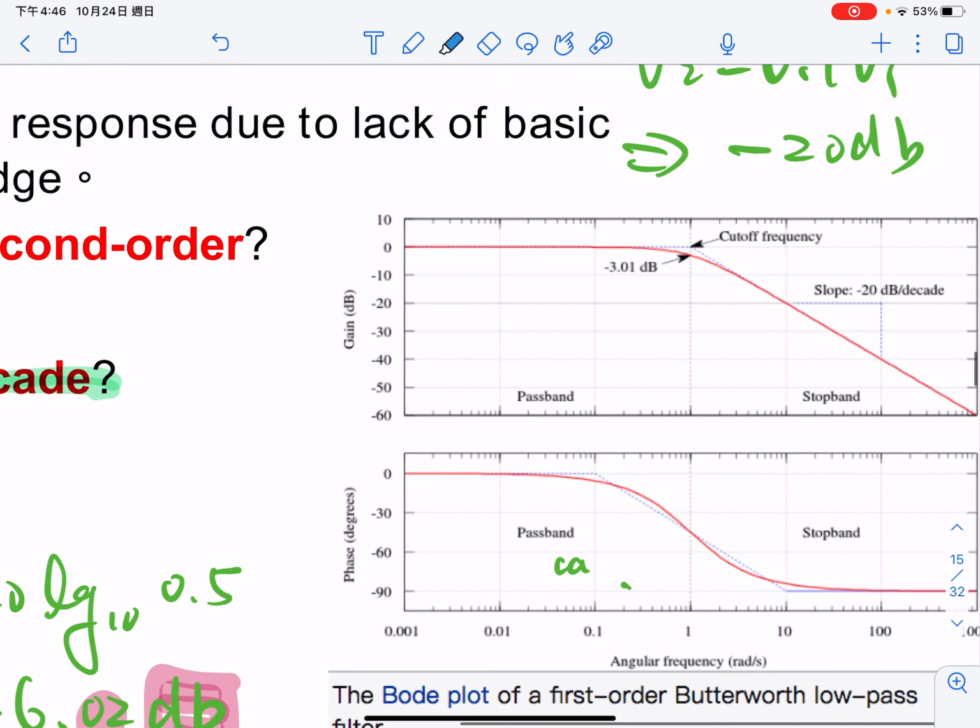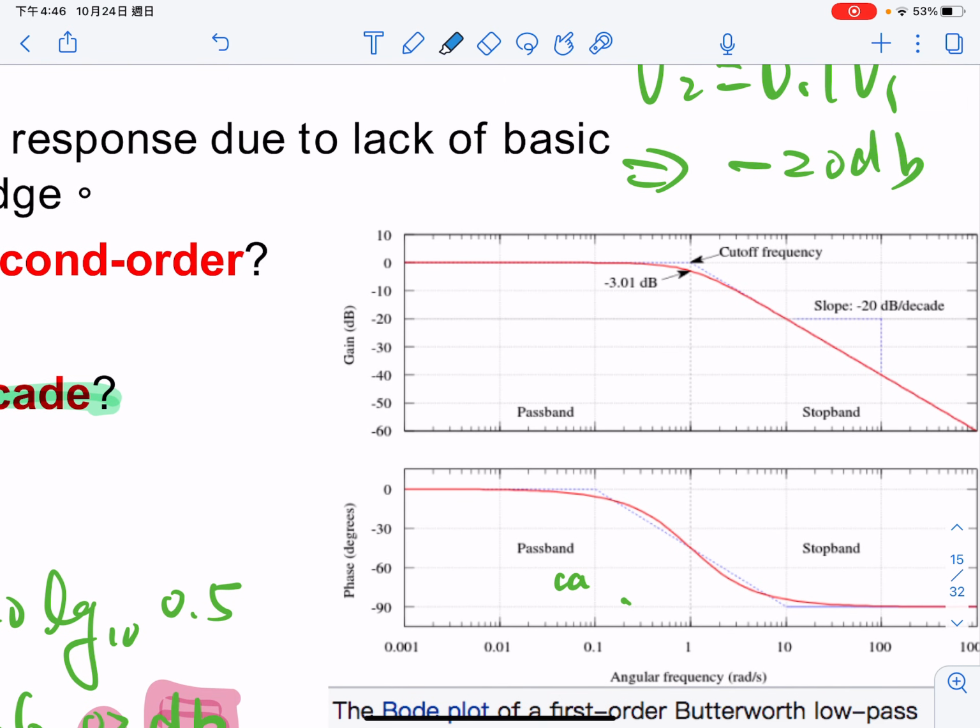By showing it here, we'll see that the cutoff frequency fc is always located at the minus 3 dB place. And this one will be minus 6 dB, and this one is minus 20. So this is 1/2, this is 1/10.